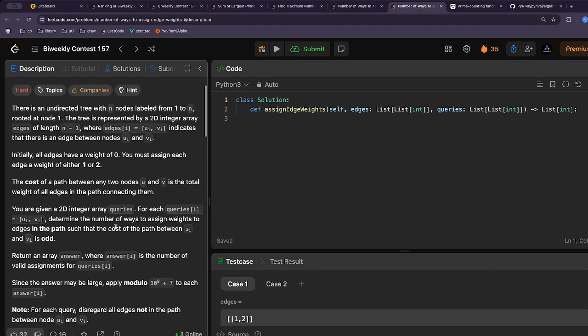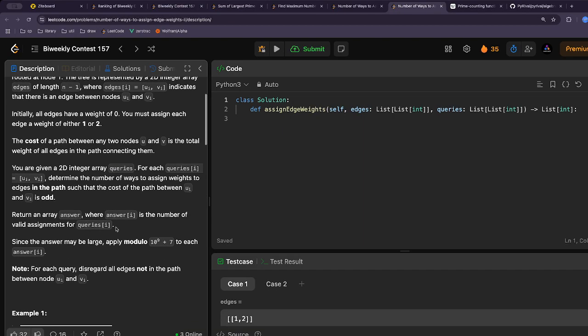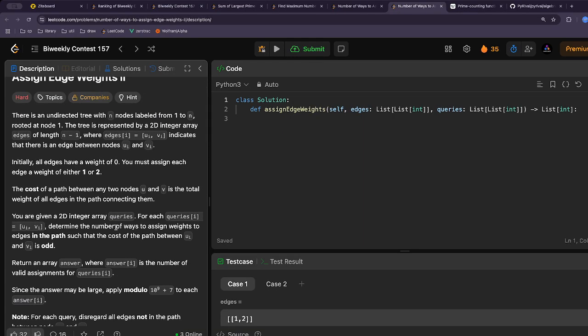It's the same as Q3, but you still have to do the same thing of counting the number of ways of assigning weights, that could be 1 or 2, to the edges in a path. But now, instead of the path being the root and a maximum depth node, it's any pair of nodes.